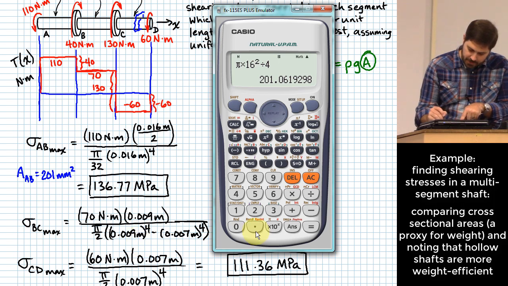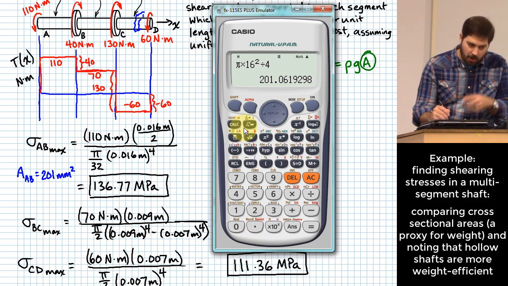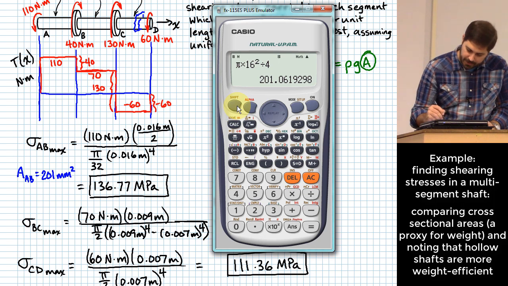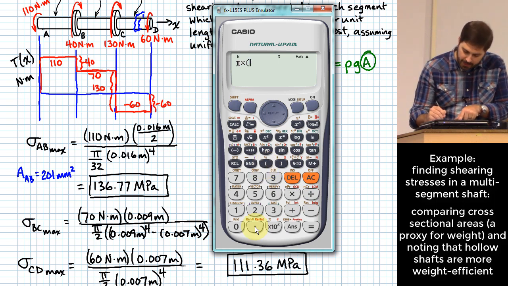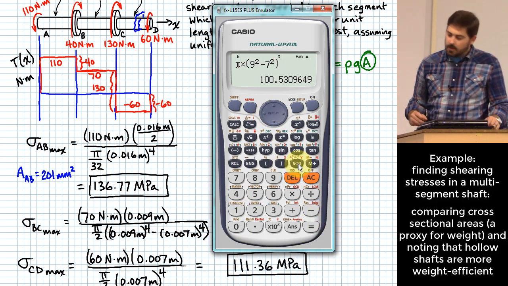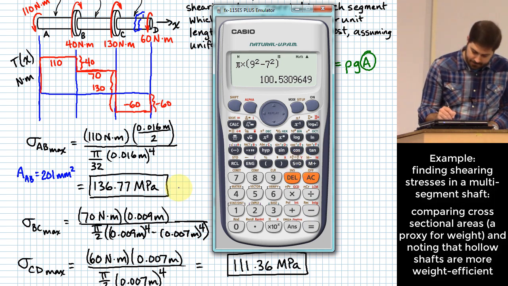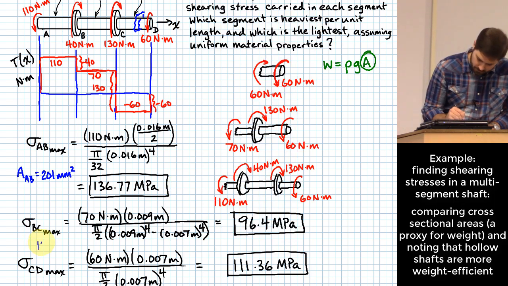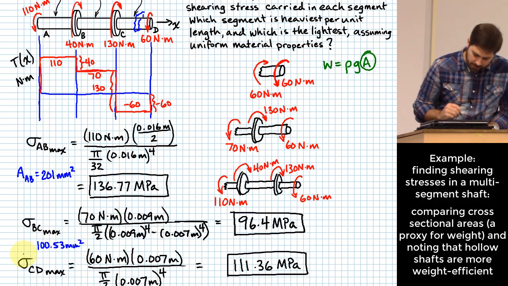What about my next one? Since these are given in radius values, pi r squared is our formula, if it's given in radius instead of diameter. So I take pi times the outer radius squared minus the inner radius squared, which gives 100.53 square millimeters.